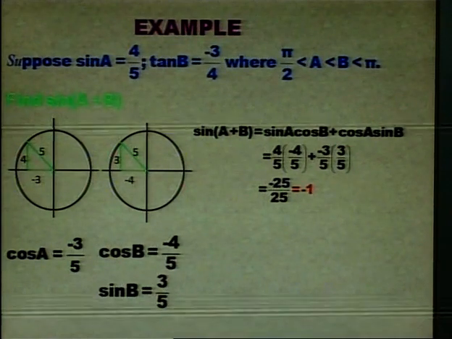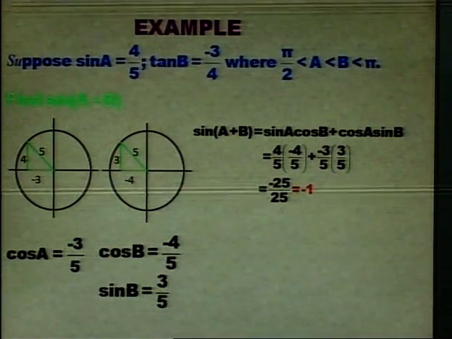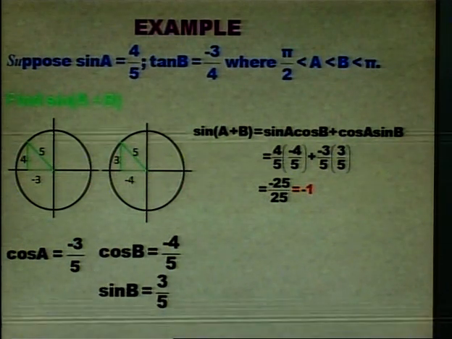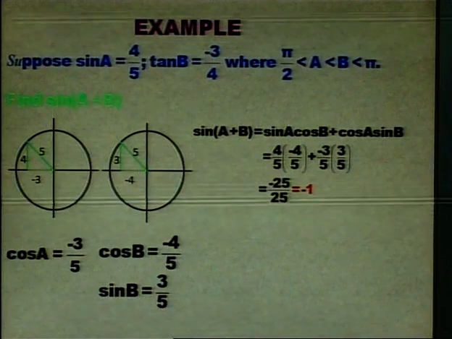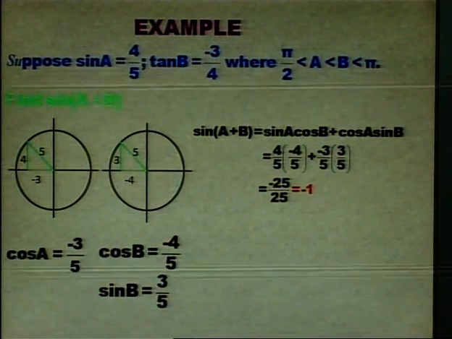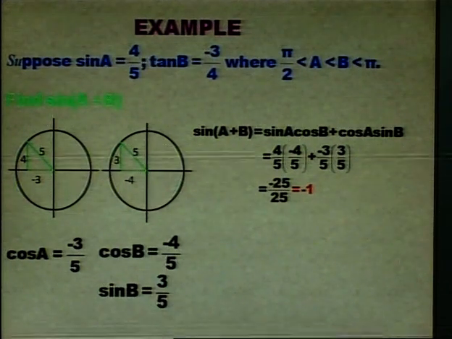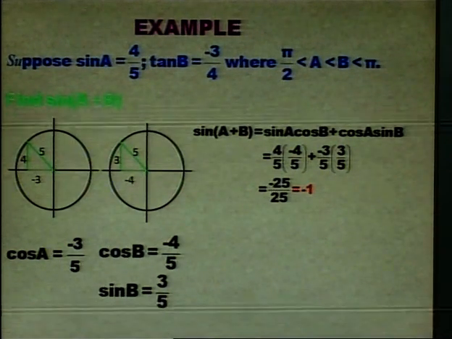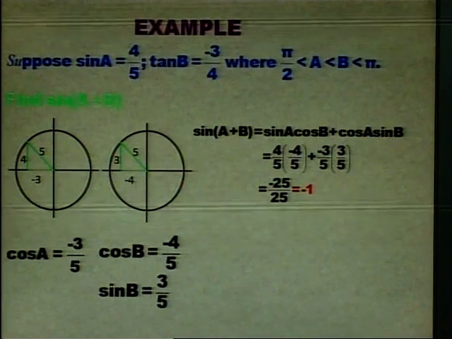So, this is 4 by 5 into minus 4 by 5 plus minus 3 by 5 into 3 by 5, and that turns out to be minus 16 by 25 minus 9 by 25, and that is merely minus 25 upon 25, which is equal to minus 1.